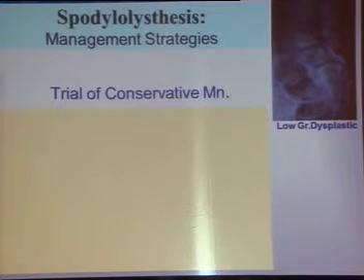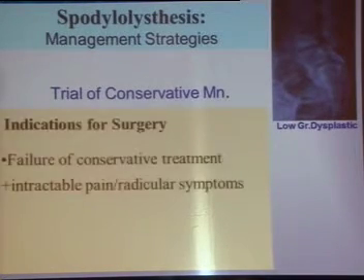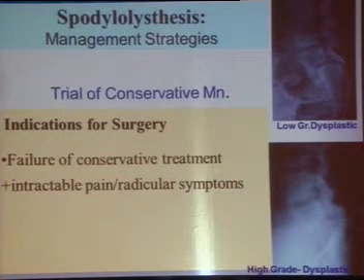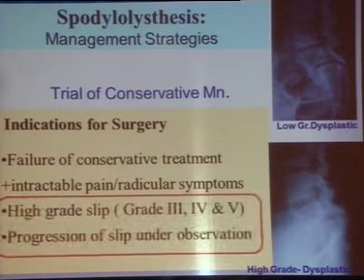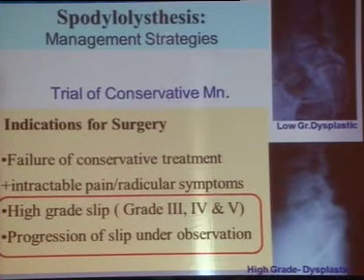So that brings us to the management strategies. If you see even a low-grade dysplastic listhesis like that, we tend to treat them conservatively. But if you see that the tilt is kind of dome shaped and there's a tendency towards a trapezoid sort of vertebra, then you have to be very, very aware and follow them religiously, because they are the ones which are likely to progress and become high-grade listhesis, and once you see them progressing, that's an indication for surgery.